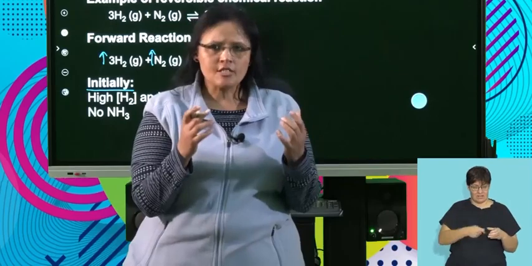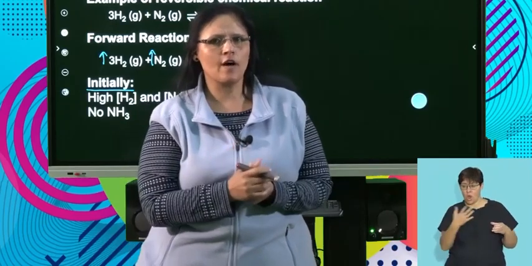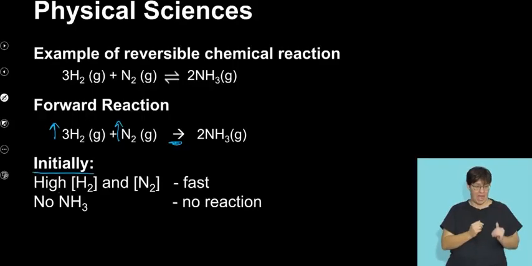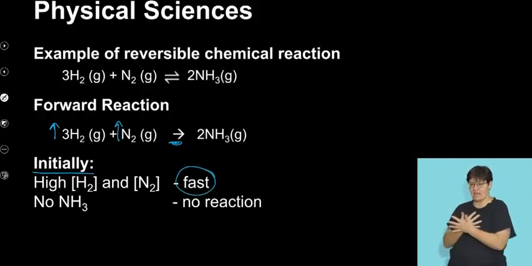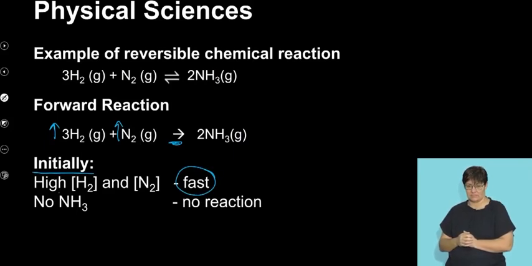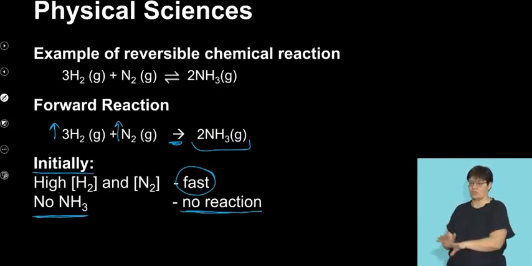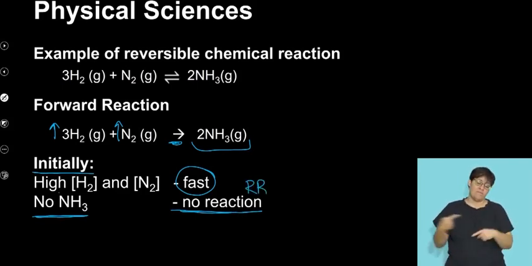So we have lots of nitrogen and lots of hydrogen. And because we have lots of hydrogen and lots of nitrogen, the reaction will actually be very fast. What about the ammonia? In the beginning, there is no ammonia. Therefore, there will be no reverse reaction in the beginning.